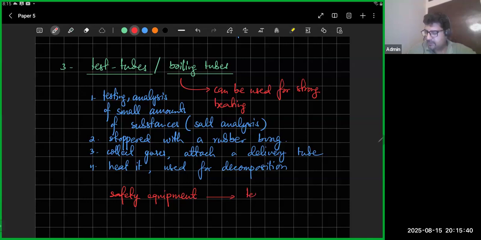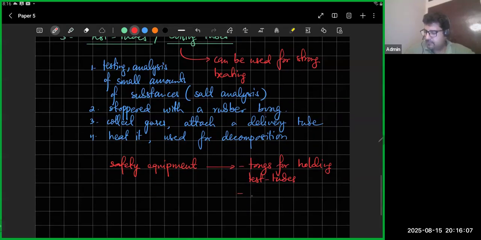Those are test tube holders. They're tongs for holding test tubes.